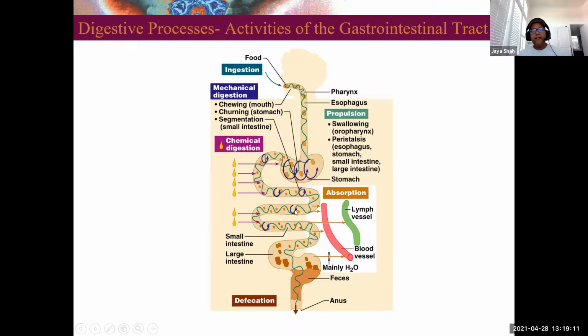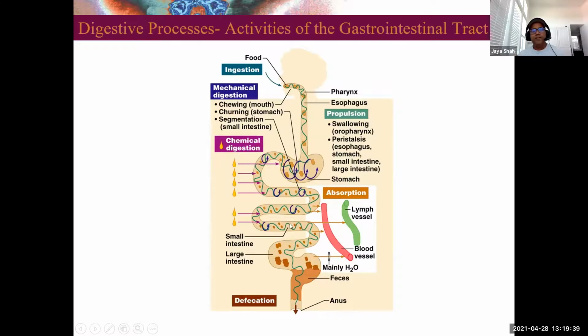The end products of carbohydrate and protein, which are the simple sugars glucose, fructose, and galactose, and amino acids or dipeptides for the proteins, are absorbed into capillaries.